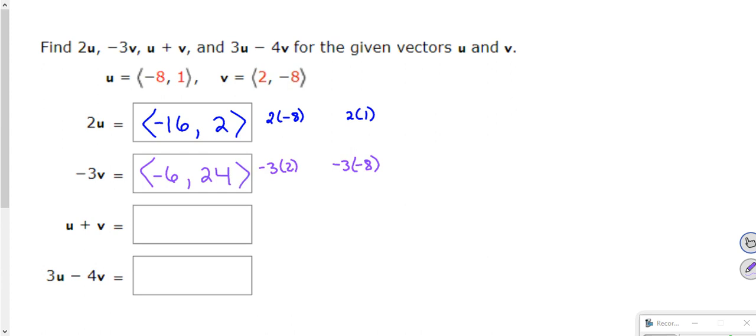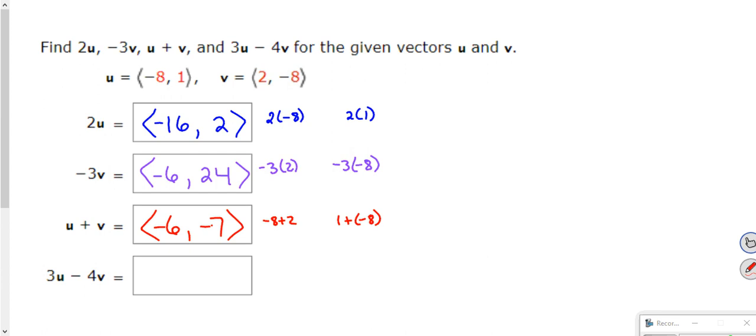So this is going to give you -6, 24. Okay. u plus v, you're literally adding the corresponding components. So -8 plus 2, and then 1 plus -8. So you would have -6, -7. Okay. And then 3u minus 4v.